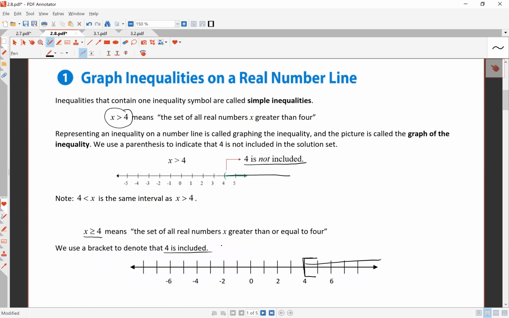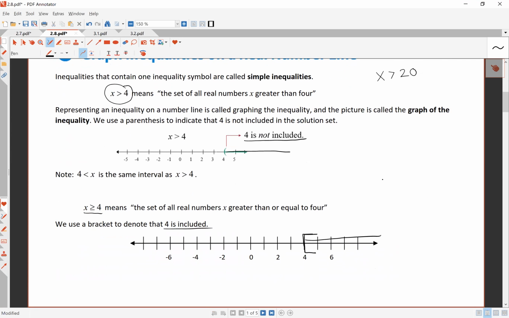It's kind of like saying if all the people 21 and over get to drink alcoholic beverages, 21 is included. But if we say all the people greater than 20 get to drink, then 21 and above, but not including 20.